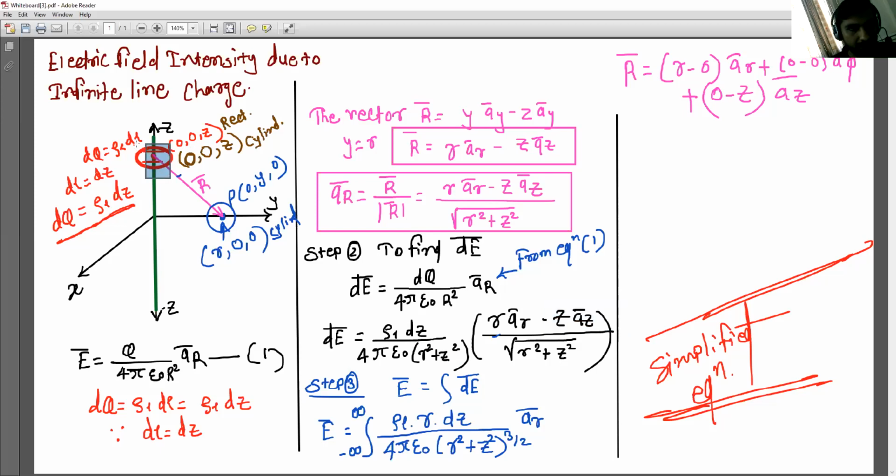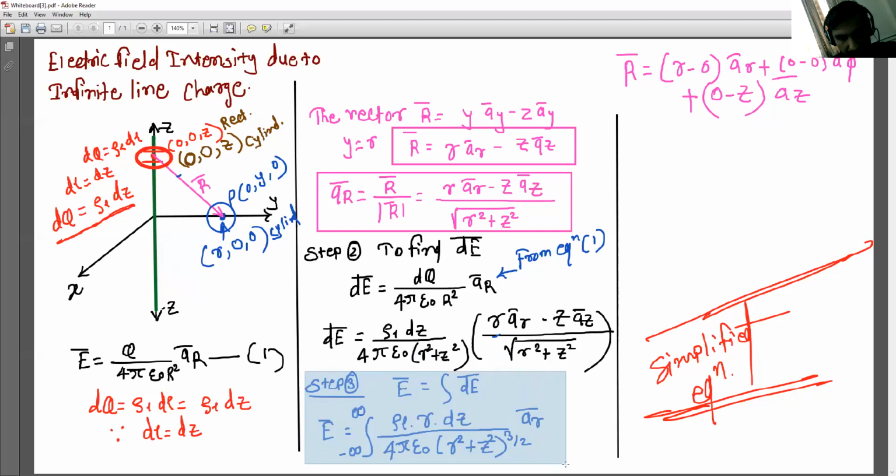If I consider dq here, there exists a dq at the negative side also, and the vertical component of dq on the positive side will be cancelled with the vertical component of dq on the negative side. Only radial components get added. So when we take the integration, you can cancel this vertical component, that is z a bar z, right? So this z a bar z gets cancelled, and the remaining terms I have written here in this equation.